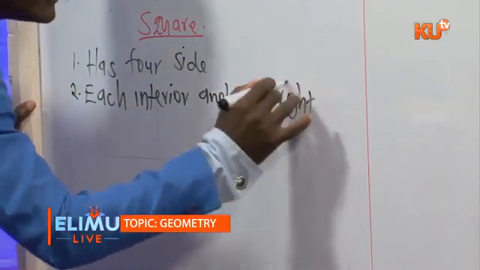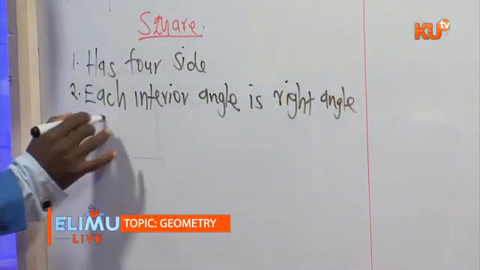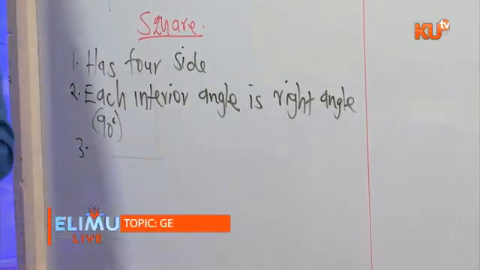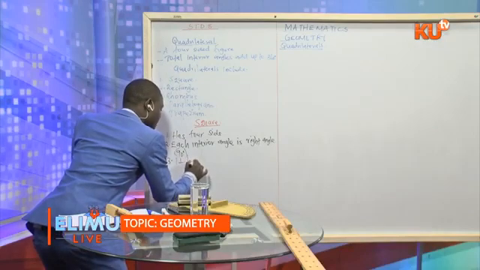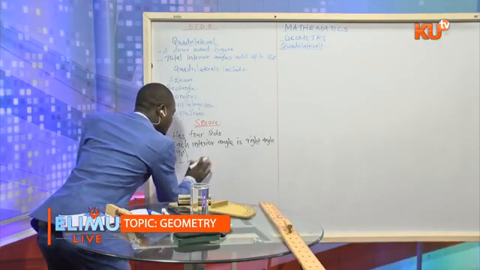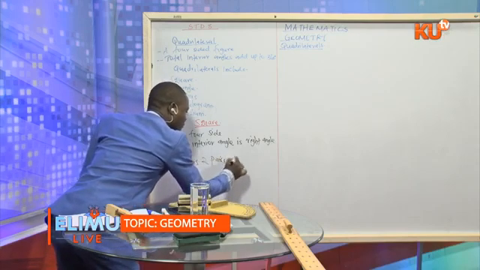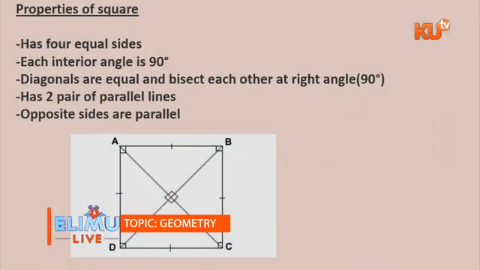That is, it's 90 degrees. The third property of a square is that it has two pairs of parallel lines.